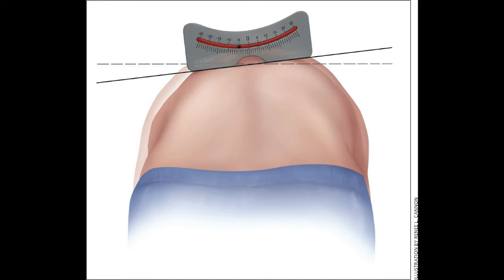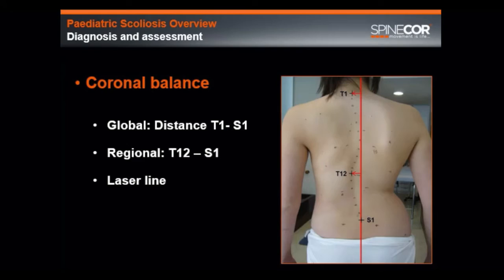We can measure that with something called a scoliometer. It's basically like an inclinometer, a spirit level, that just tells you whether the rib cage is higher on one side. It indicates a rotation. We can also mark the spine and measure how far the person is shifted laterally to a central laser line.